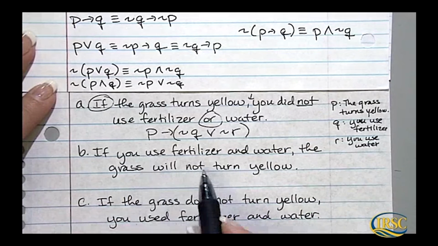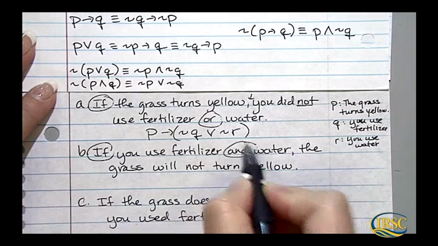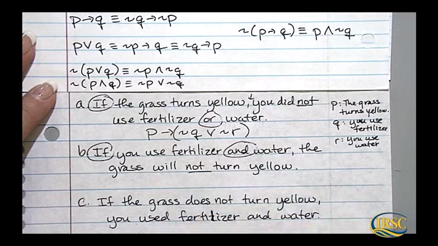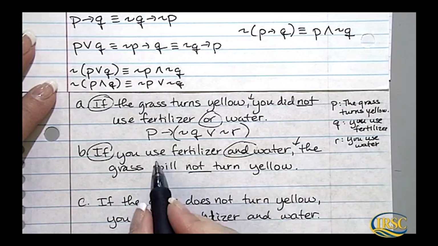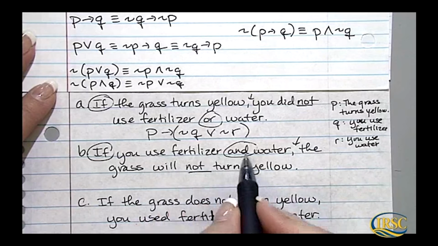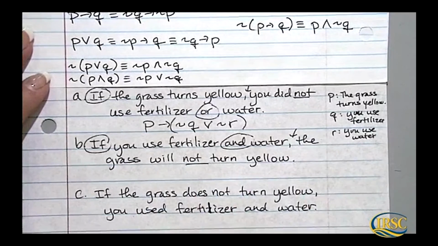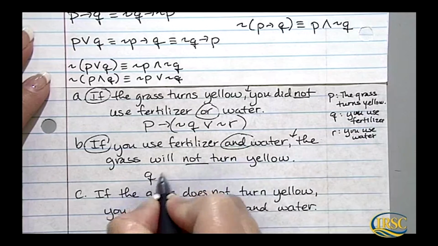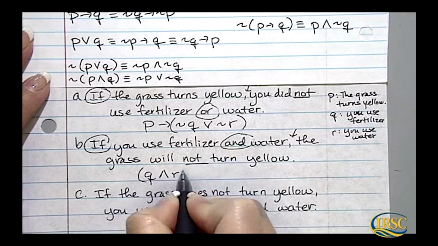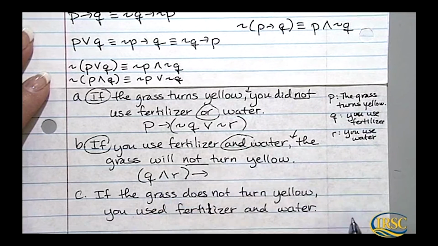Okay, this next one, the key words are if, and, not, and the comma. Okay, so if you use fertilizer and water, so those are what letters? Nope, not P. Q and R, and it's in parentheses because that's the entire if with the comma there. Then the grass will not turn yellow.